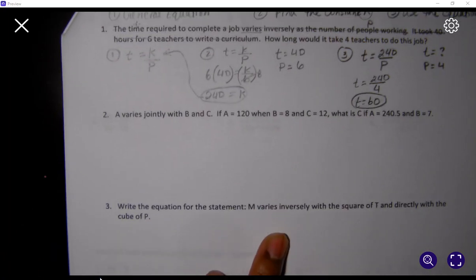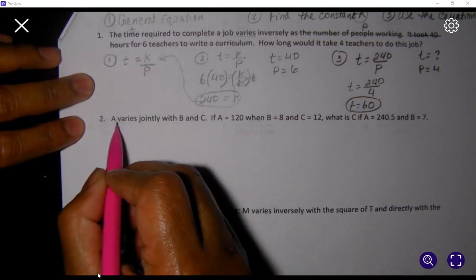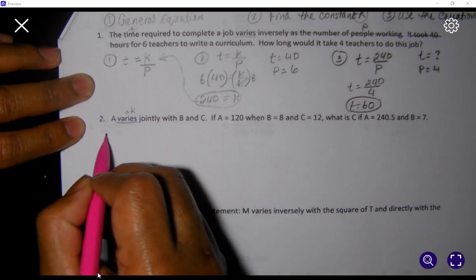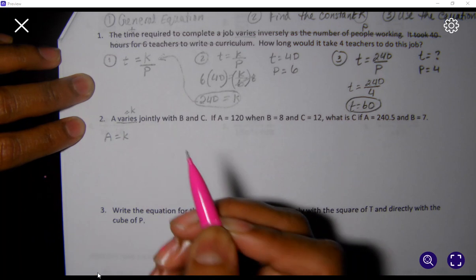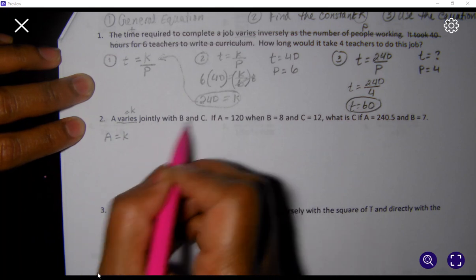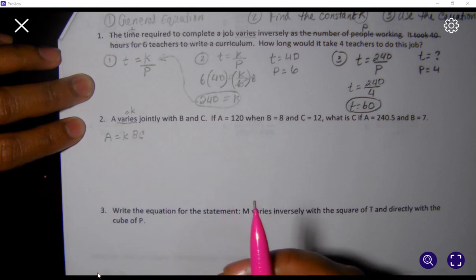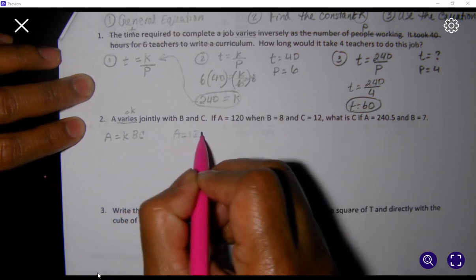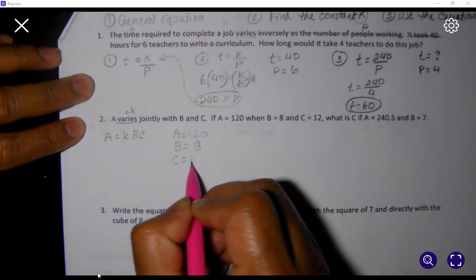All right. Number 2, it says A varies. Whenever you see the word varies, you're going to write equals K. So A equals K. Jointly just means multiplication with B and C, so multiplied by B and C. It says when A is equal to 120, B is equal to 8, and C is equal to 12.